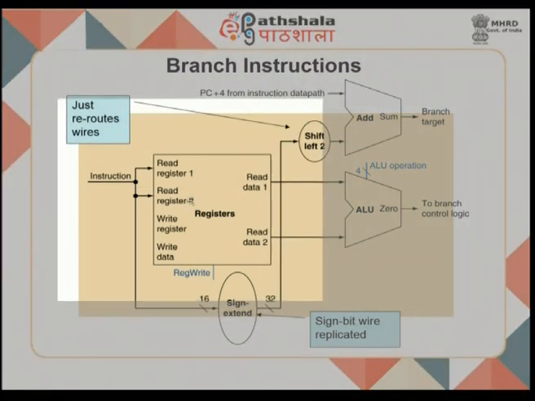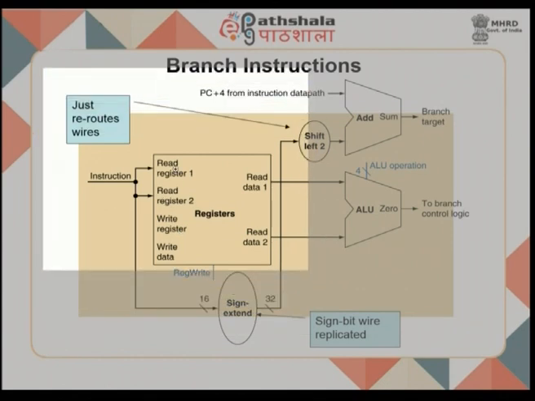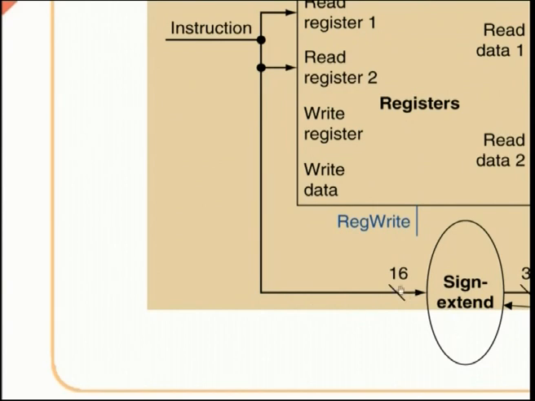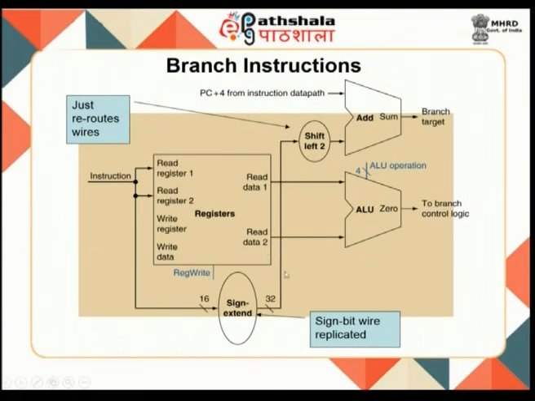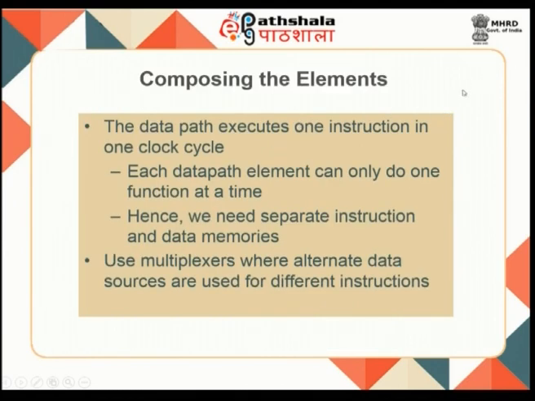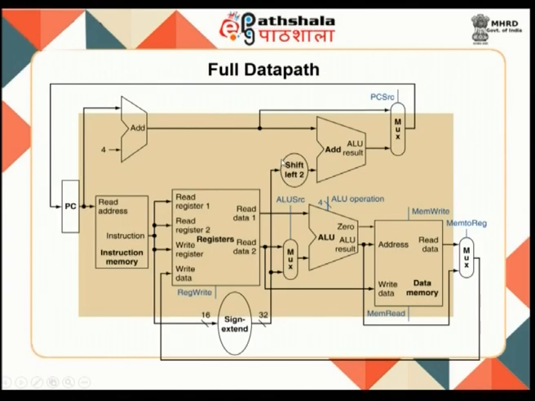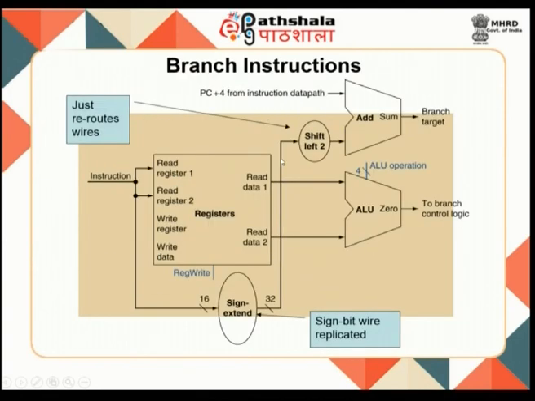So, you find that this is the base address that is read, the displacement value is given here, the displacement value is sign extended here, and that sign extended value is given to this unit. You do a shift left operation, and then that shifted value is given here, PC plus 4 is given here.